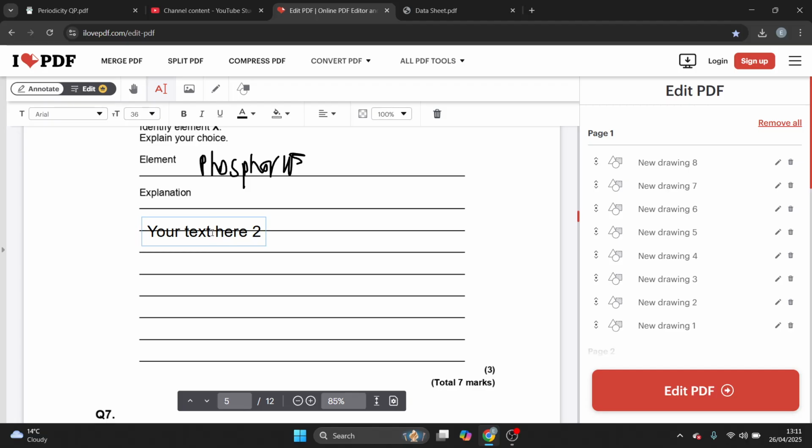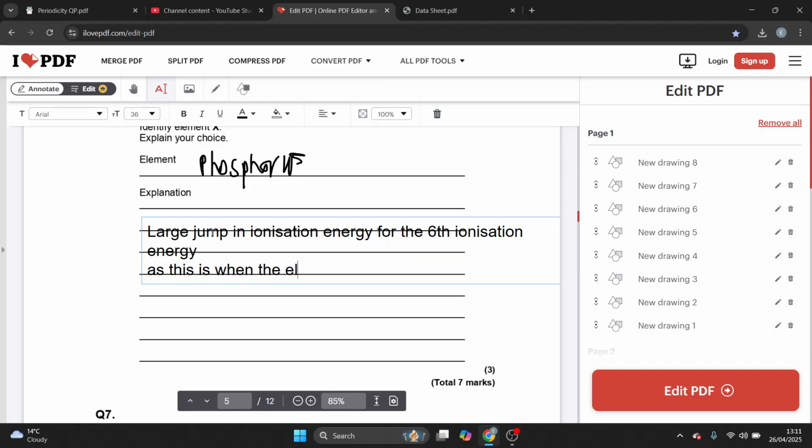You say large jump in ionization energy for the 6th ionization energy, as this is when the electron is being removed from an energy level that is closer to the nucleus.